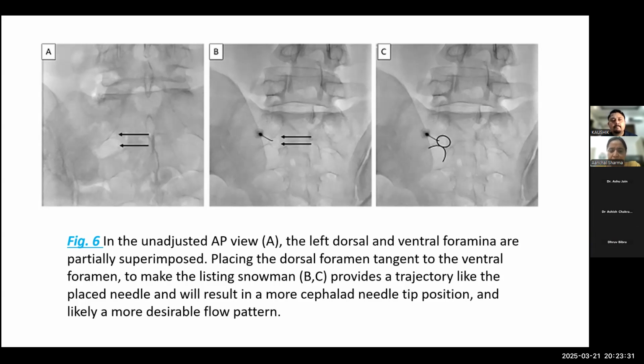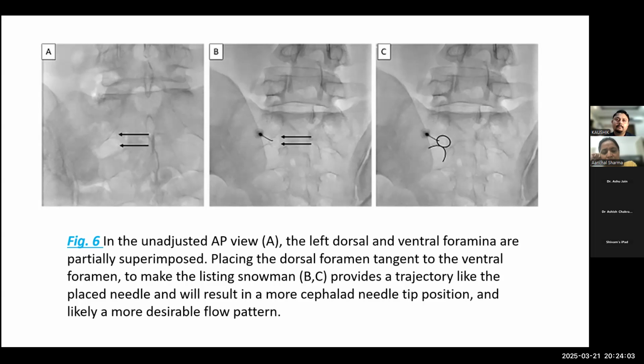What I usually do is the same otherwise, the C-arm is placed in the craniocaudal direction so as to square the L5S1 disc. But I don't enter from the 9 o'clock position, I enter from the 7 o'clock position. The needle is directed superiorly, so that in the lateral view it will be pointing cranial. That makes things much easier.